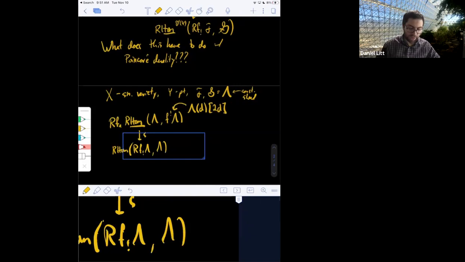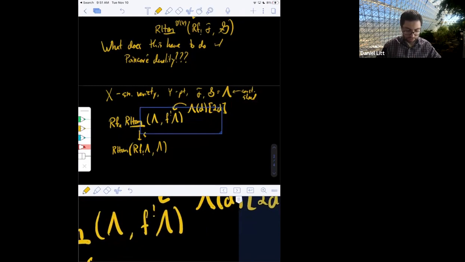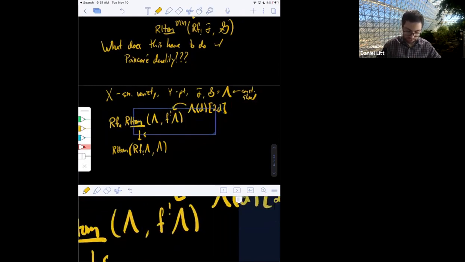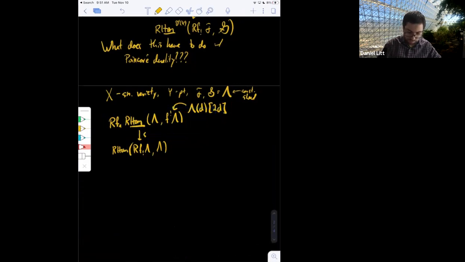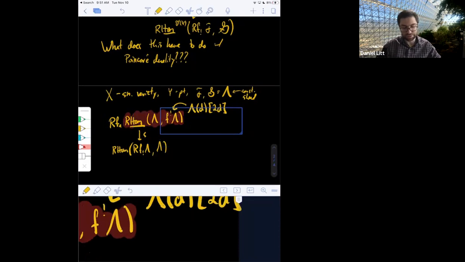Okay, so what is this top thing? This top thing is pretty understandable. This R Hom here, from the constant thing into a twist of the constant thing, is just a twist of the constant thing in some degree.